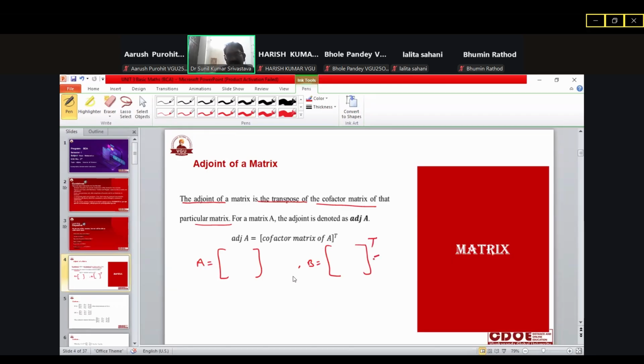Then this matrix is known as the adjoint of the given matrix. So we write: adjoint of matrix A is equal to the transpose of the cofactor matrix of A. We denote the adjoint of a matrix A as adj A. This is the adjoint of a matrix.